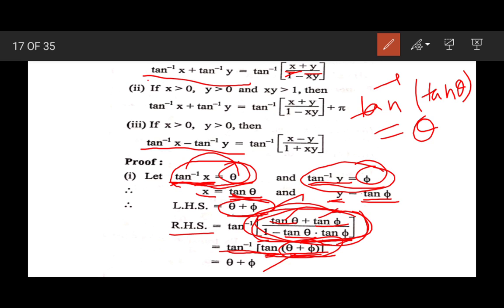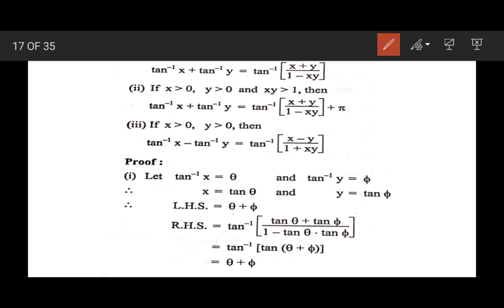So hence tan inverse x plus tan inverse y is equal to tan inverse of (x plus y) upon (1 minus xy). Once again, see the proof. First we take the left hand side. In the left hand side, I am taking tan inverse x as theta and tan inverse y as phi.